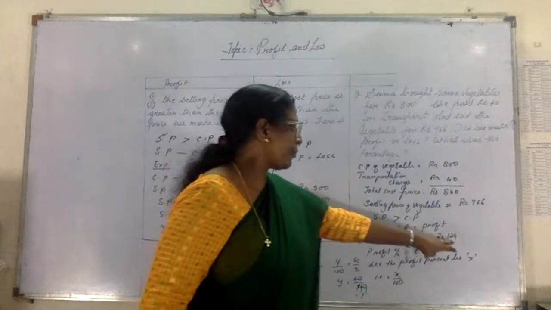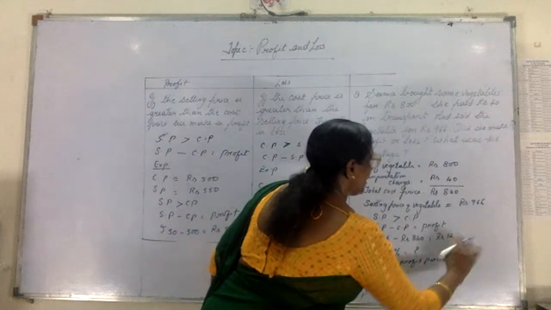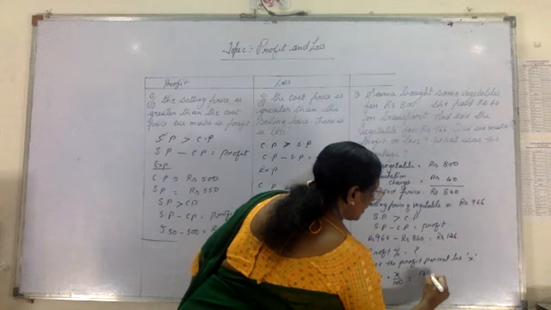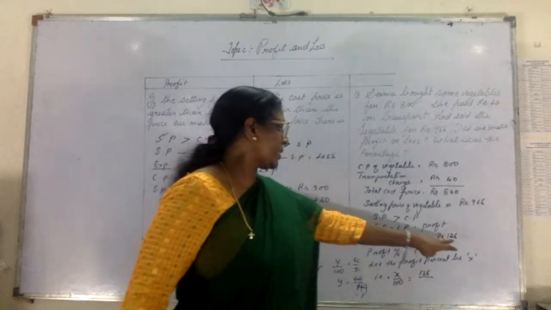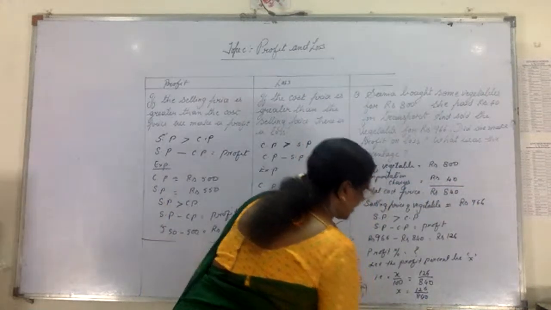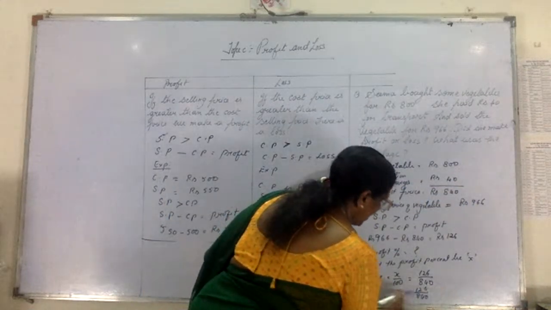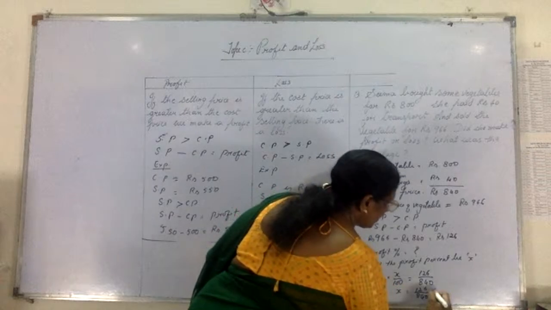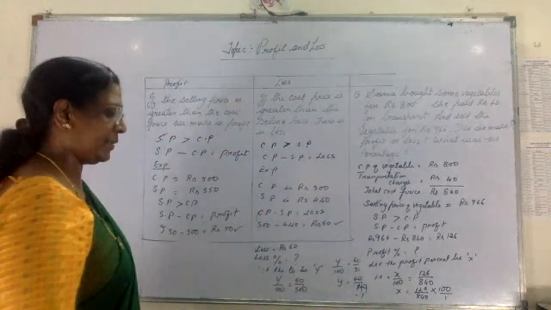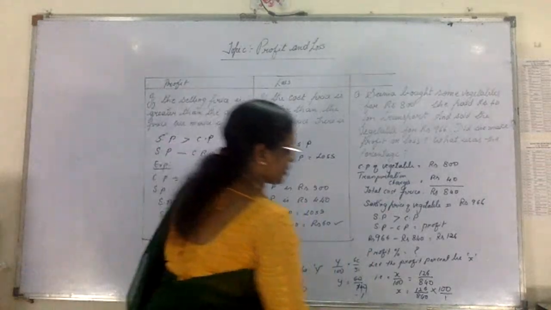Okay. The actual profit she earned is 126. As I already told, this 126 she earned out of 840, and shift this 100 this side. Here the 100 is dividing. If you shift it this side, it will multiply. Just put one below 100 so that you will never get confused.